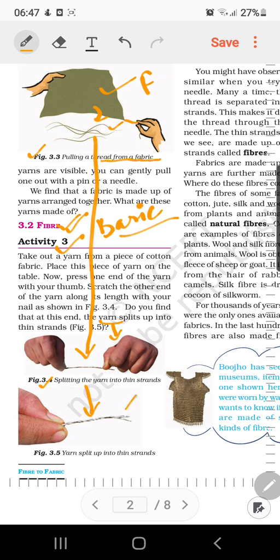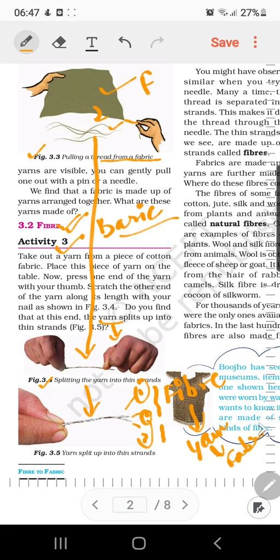Here you can see at least 2 to 3 strands of the fibers. One, two, three, these are the strands of fiber through which yarn is made up, and this yarn when weaved together will form the fabric, or the piece of cloth.